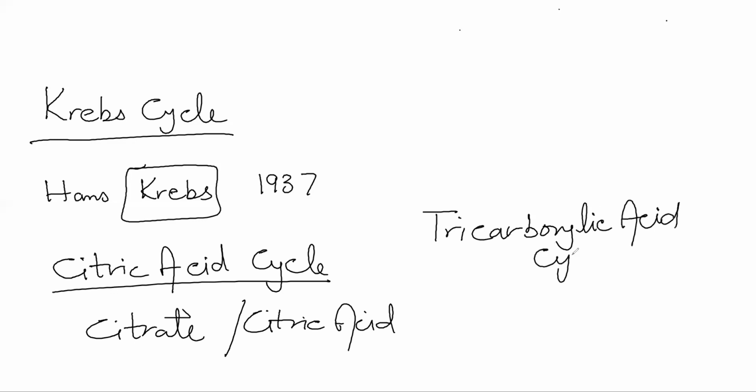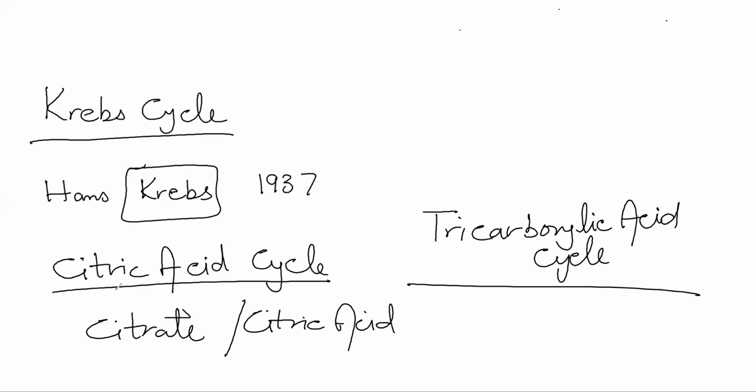Once again, what's the reason for that? Because citric acid is a tricarboxylic acid, because it has got three carboxyl groups. So with reference to citric acid being a tricarboxylic acid, this is also called the tricarboxylic acid cycle.